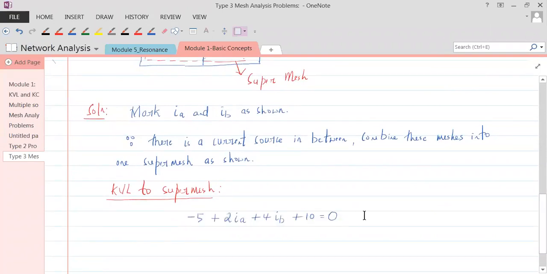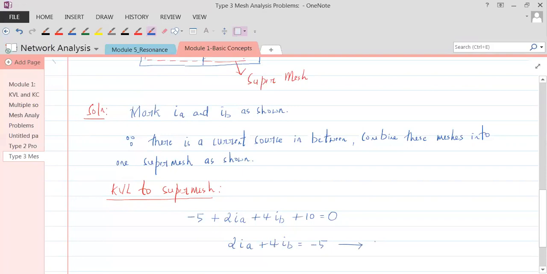Is this okay with you, everybody? What is it? It's 2IA plus 4IB equal to, plus 10 minus 5 would be plus 5 on the left hand side. If it goes to right hand side, it would be minus 5.